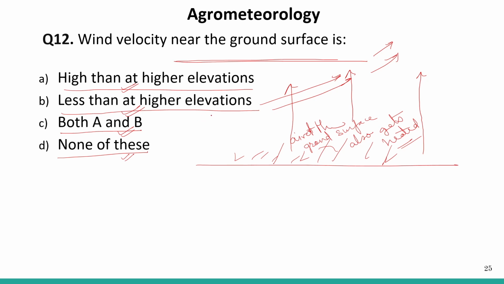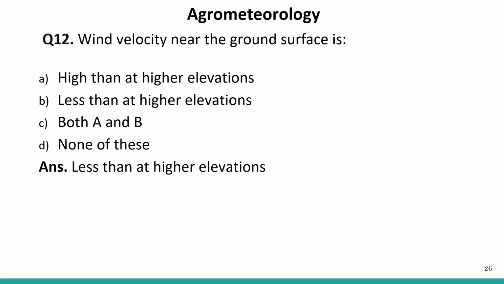Less than higher elevation. So wind is less, okay, if we compare to the higher elevation. So we find that wind velocity near the ground surface is less than at the higher elevation. So this is the correct answer, right?